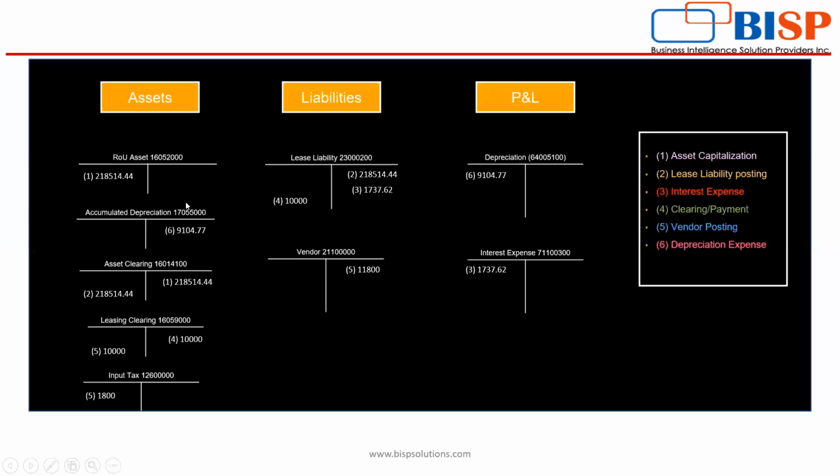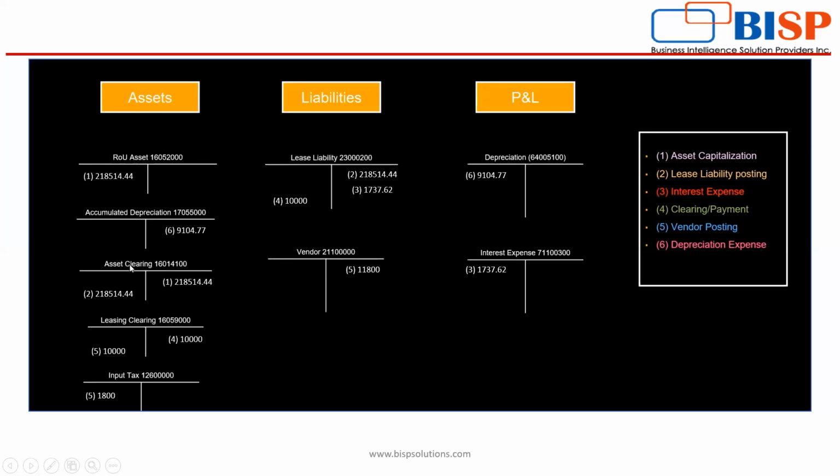So the first entry that we require is for asset capitalization, as under leases, IFRS says that for every lease we need to capitalize an asset. So the first entry is we will debit the asset account, that is the ROU, the right-of-use asset account, and similarly credit the asset clearing account.